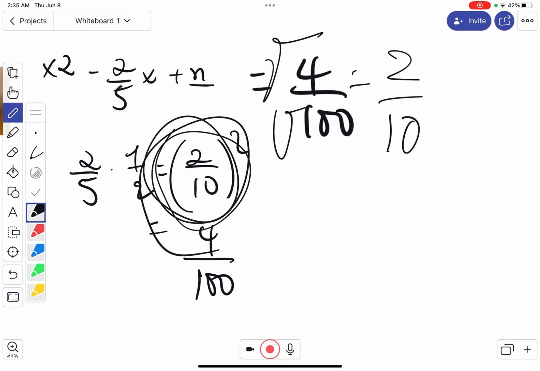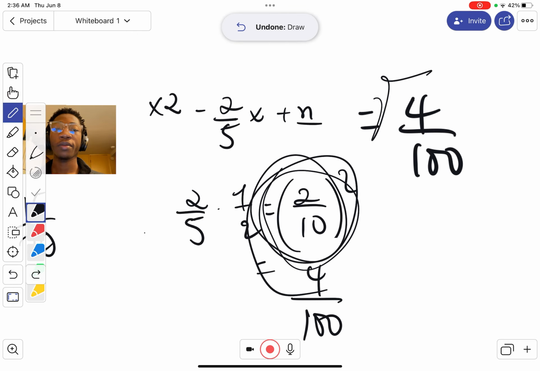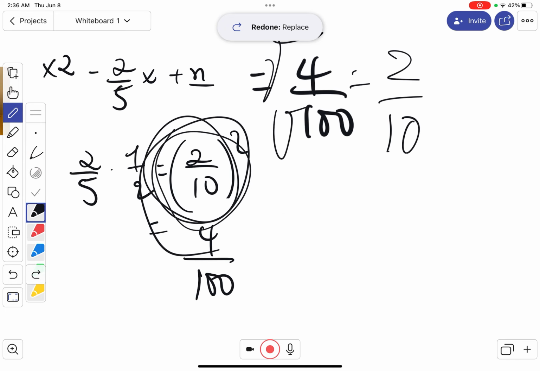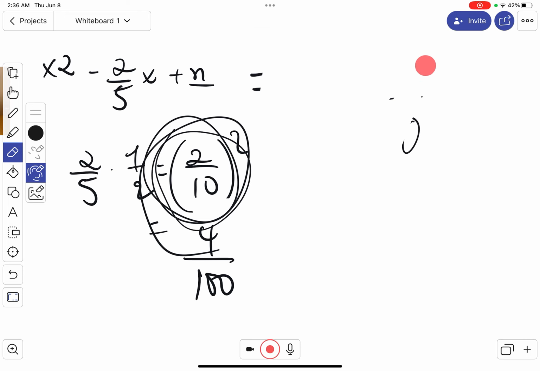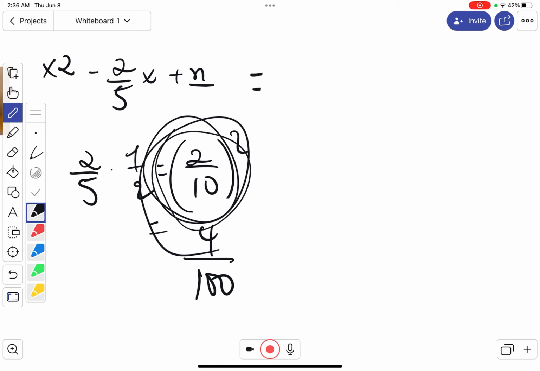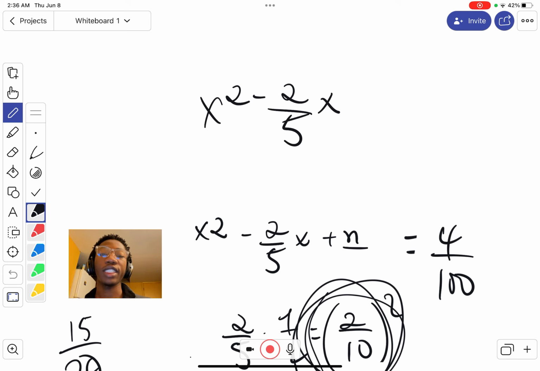So right now I'm gonna rewrite the equation. We found the last term, which is 4/100, and the new equation is x squared negative 2/5x plus 4/100.